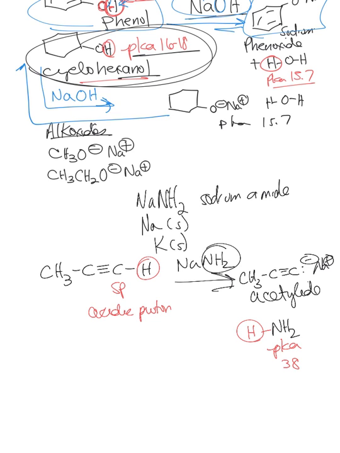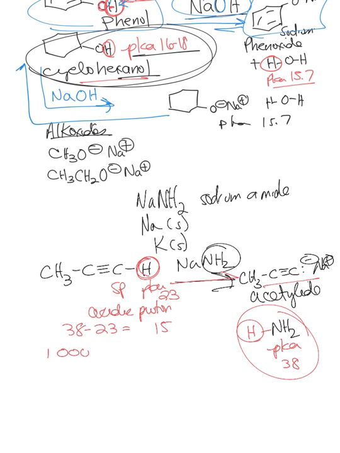Okay, so if you look at that, it's going to be more towards the 38, which is your weaker acid. And we said that the pKa for this proton is going to be more like 23. So what's the difference between 38 and 23? 38 minus 23 is 15.